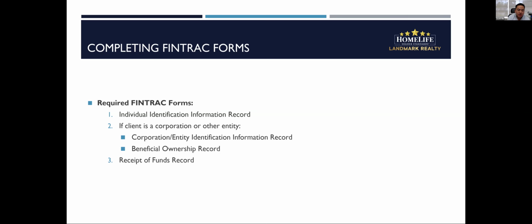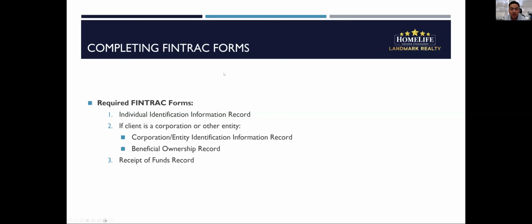And when a corporation is involved, there's another form you have to fill out, the beneficial ownership record, because you have to identify who is the ultimate owner, the ultimate buyer or seller of the property. The corporation is not a real person, so you have to identify the real individual behind the corporation and fill out that form. And finally, the receipt of funds record is for whenever you are dealing with a deposit, be it bank draft or check. You have to fill this out and provide it to our company.